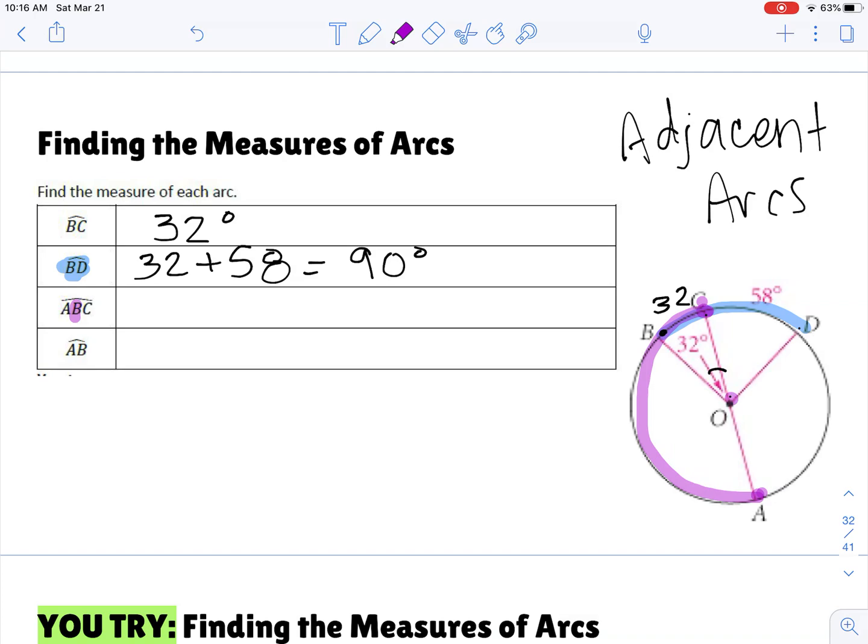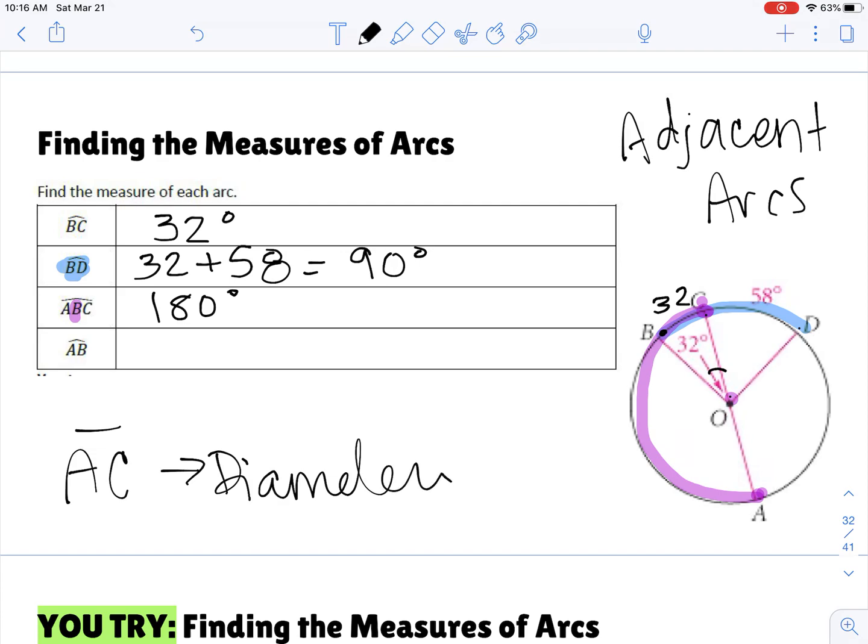Therefore, AC is a diameter, meaning it's cutting that circle in half. So this would have to be a semicircle, which is 180 degrees. It's creating 2 semicircles, semicircle ABC and semicircle ADC. These would both be minor arcs up here.